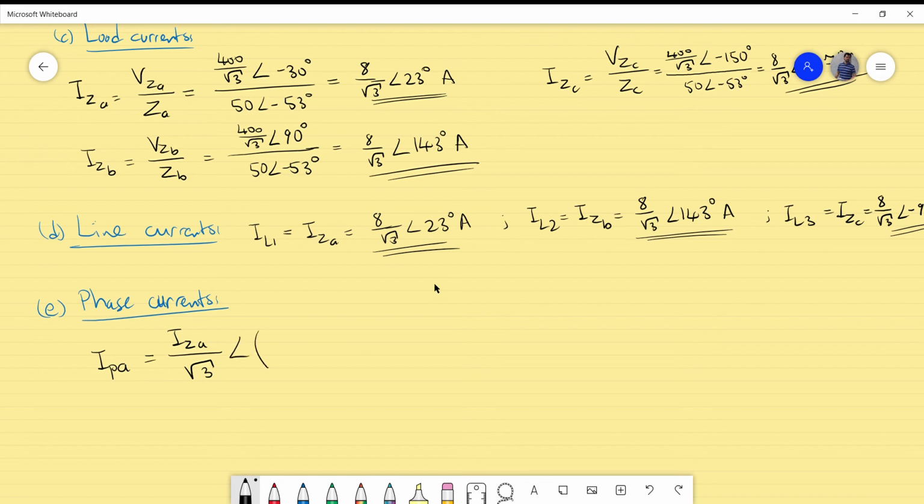You take the phase, which we determined for the load ZA, that is 23, and you add, in this case, 30 degrees.